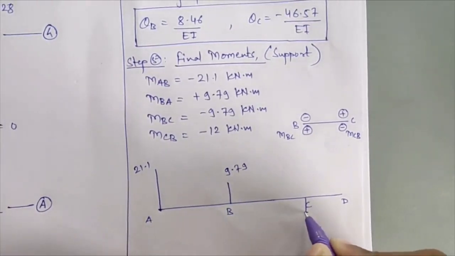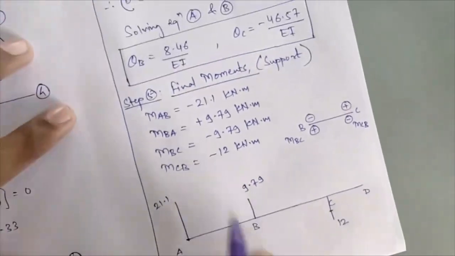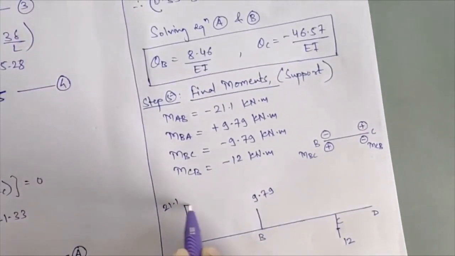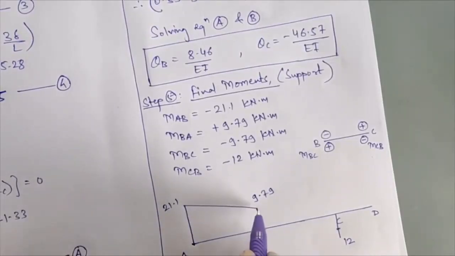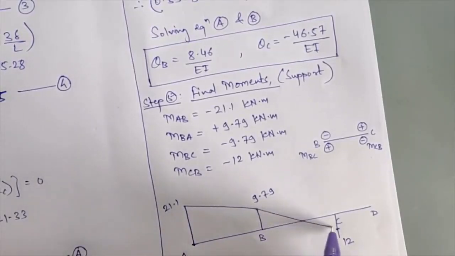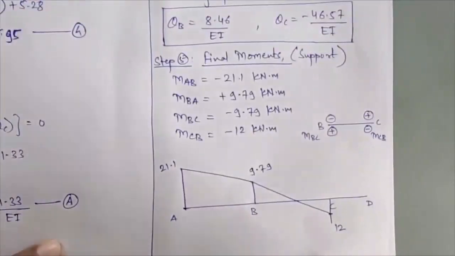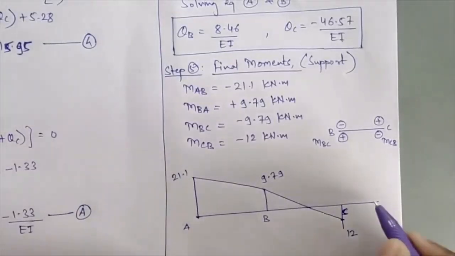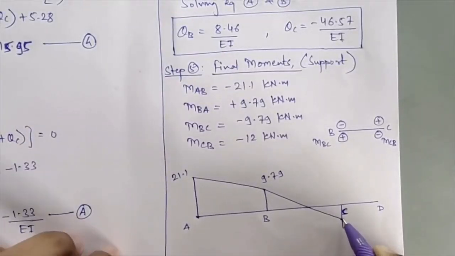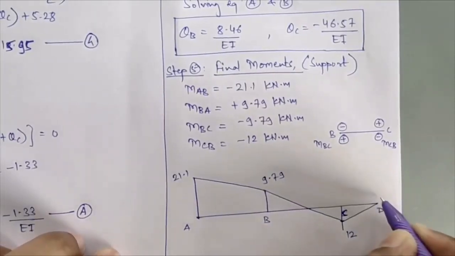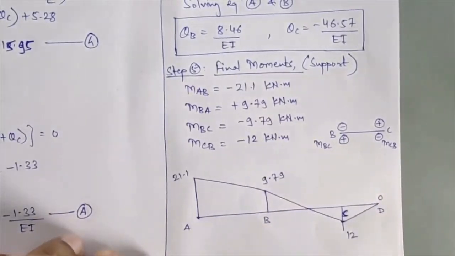Just join these moment points by a straight line. This is your point C, and at point D the moment will become 0. At the overhang portion, the moment will become completely 0.